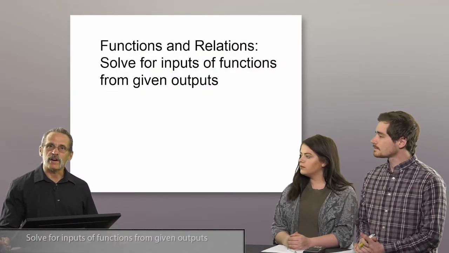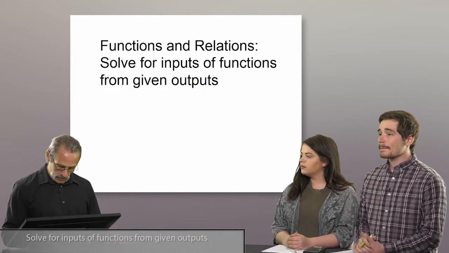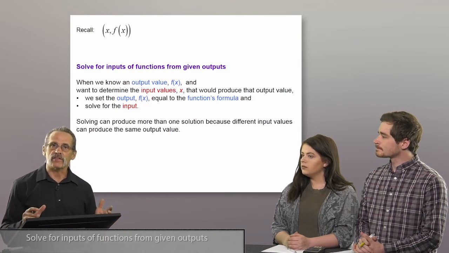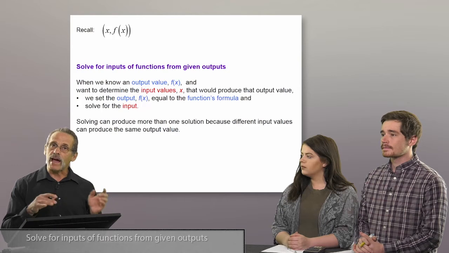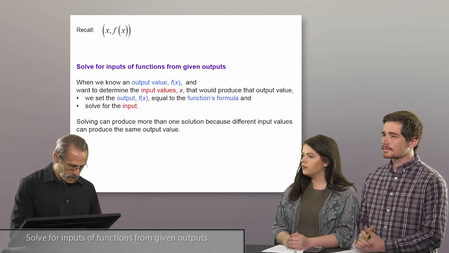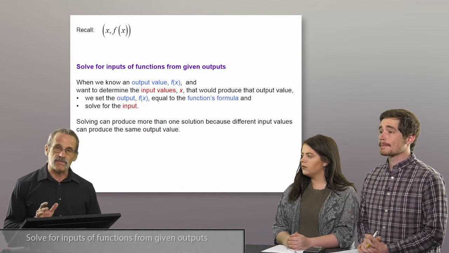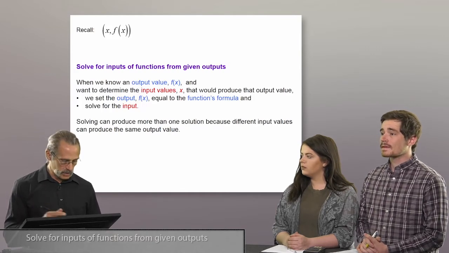Solve for inputs of functions from given outputs. Recall, if you have an ordered pair, x, f of x, the input is the x and the output is the f of x. What we're going to do is solve for inputs of functions from given outputs.